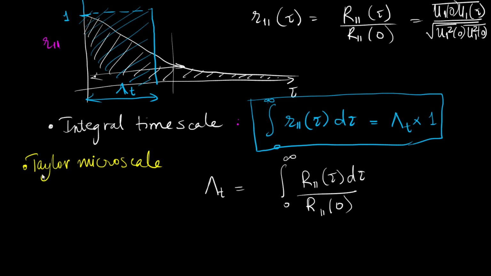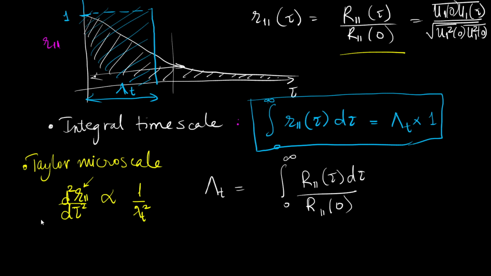So the curvature of this curve, d2 R11 by d tau square, is sort of proportional to 1 by some lambda t square. This is what you get because R11 is dimensionless as per this definition.